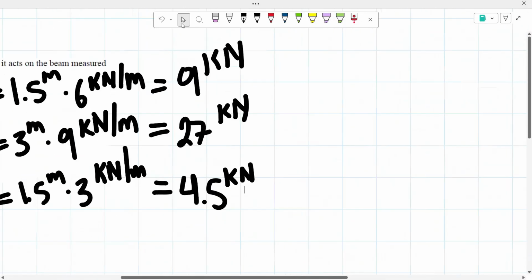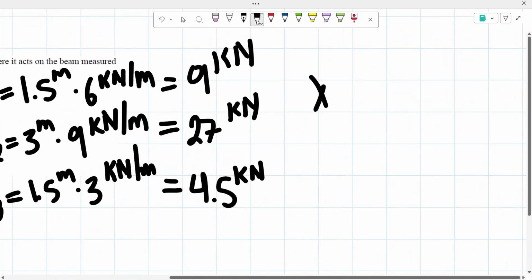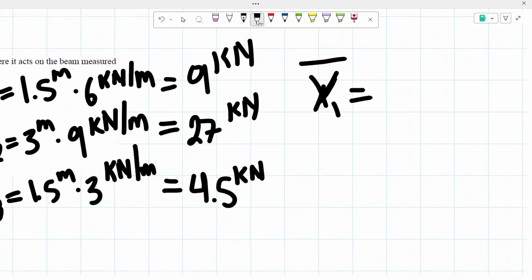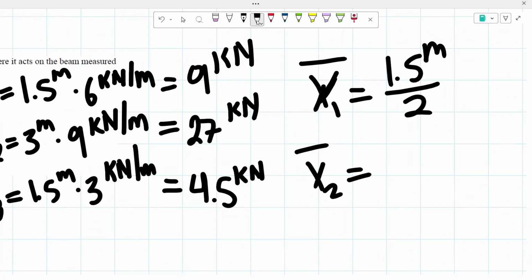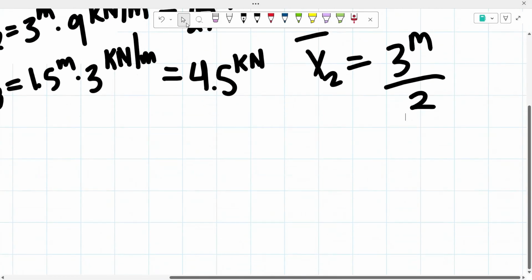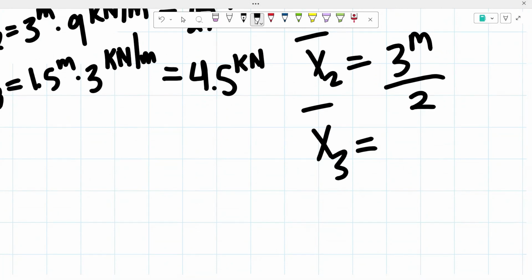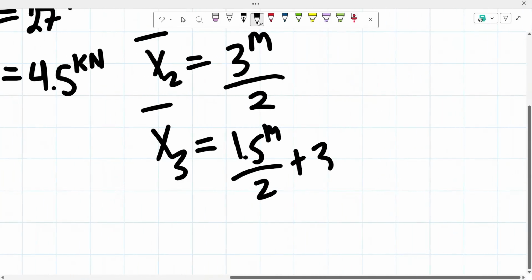For the location of the first one, it's half of the span, so 1.5 meters over 2. For the second one, also half of its span. And for the third section, it's 1.5 meters over 2 plus the 3 meters of the previous section.